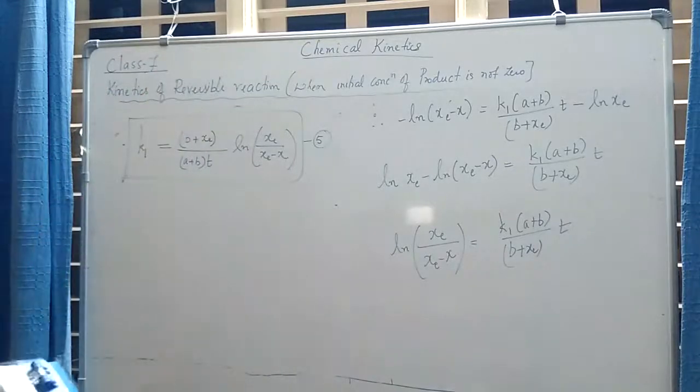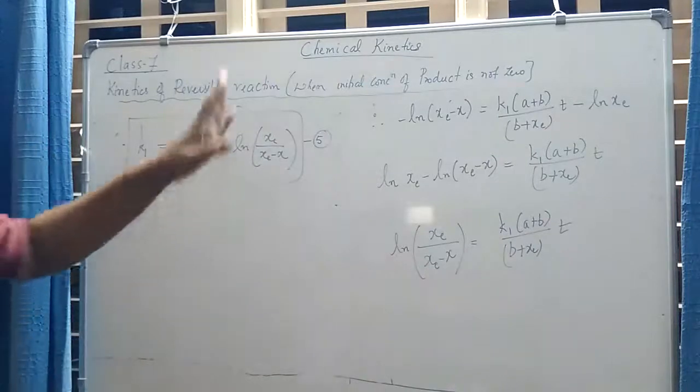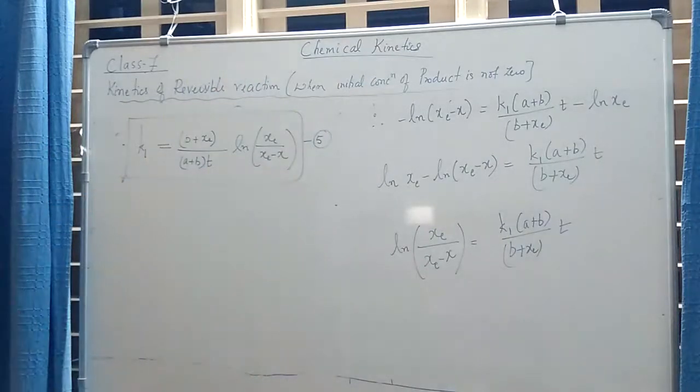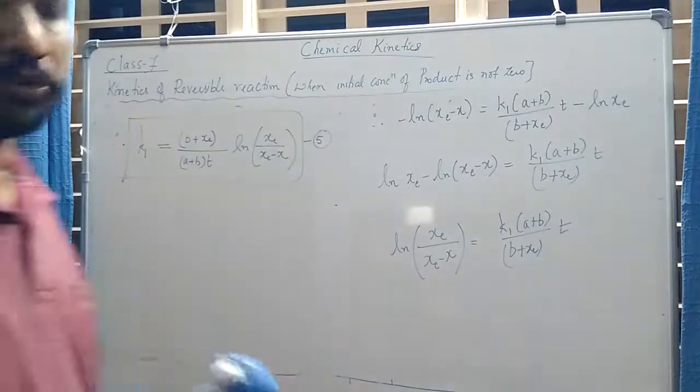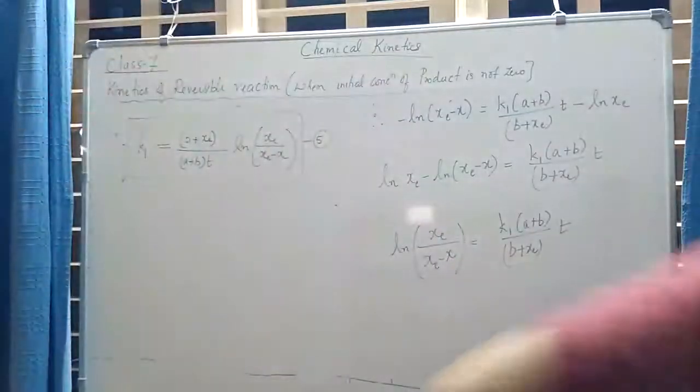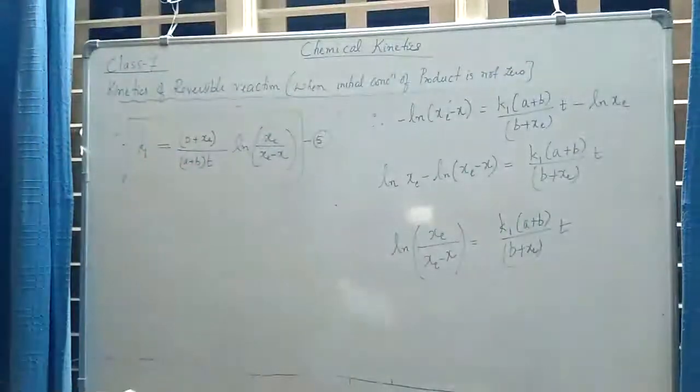Similarly, by using the same procedure, you can find out the value of k2. In fact, if you use the relation between k1 and k2, it is possible to find out the value of k2. That I leave it to you. You try to find out the value of k2.